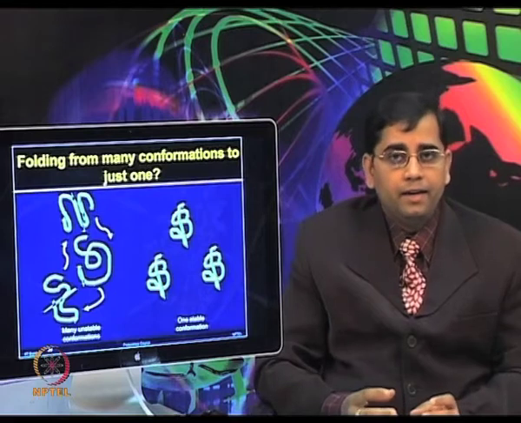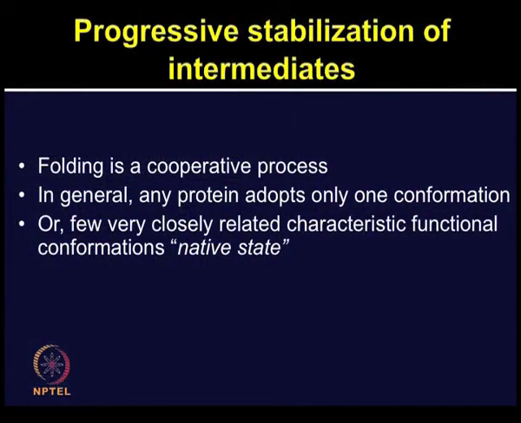Therefore, various types of folded conformations will be selected, and only the one which is going to govern the folding process will result. So, there is progressive stabilization of intermediates in the folding process. As we talked, folding is a cooperative process which involves progressive stabilization of various intermediates.